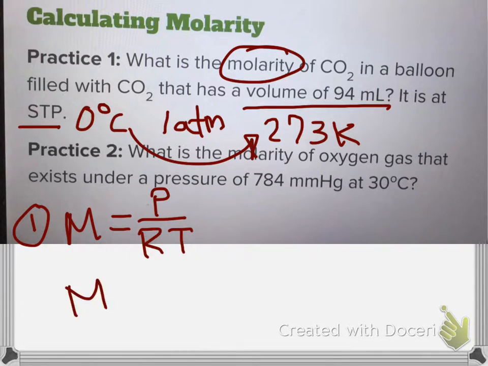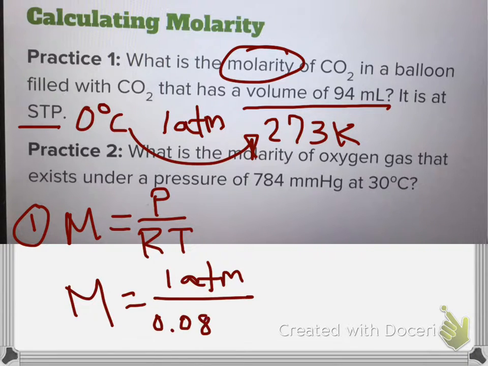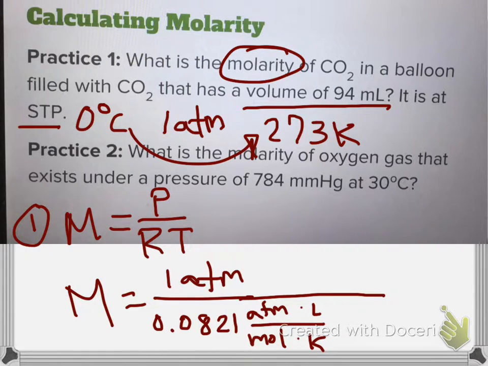So our molarity is going to equal our pressure, that's 1 atm, divided by our R, which is always 0.0821 atm times liter divided by mole times Kelvin. So that's our R times T, which is 273 Kelvin.